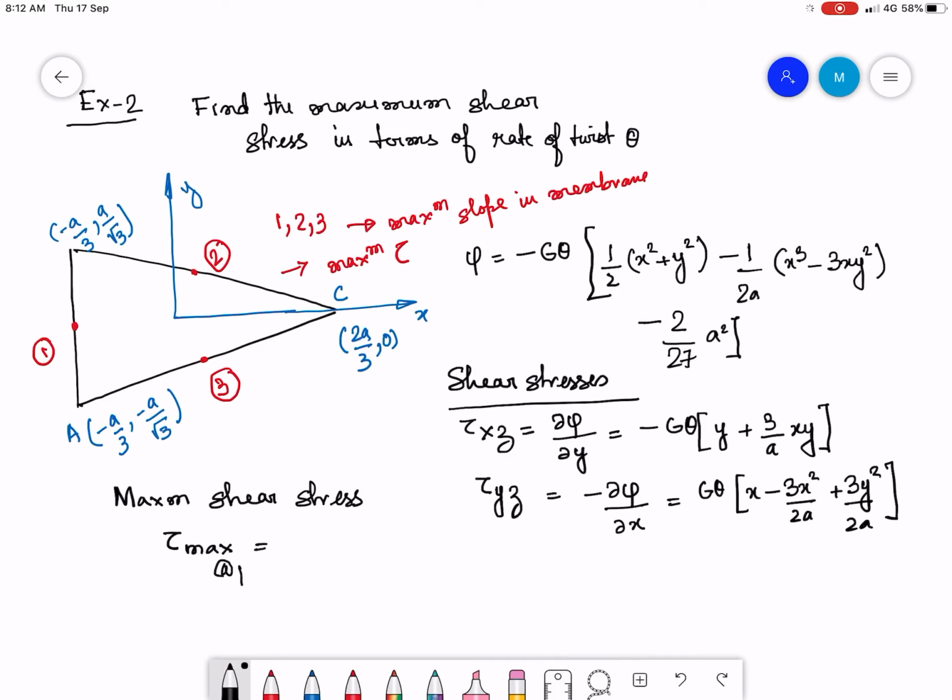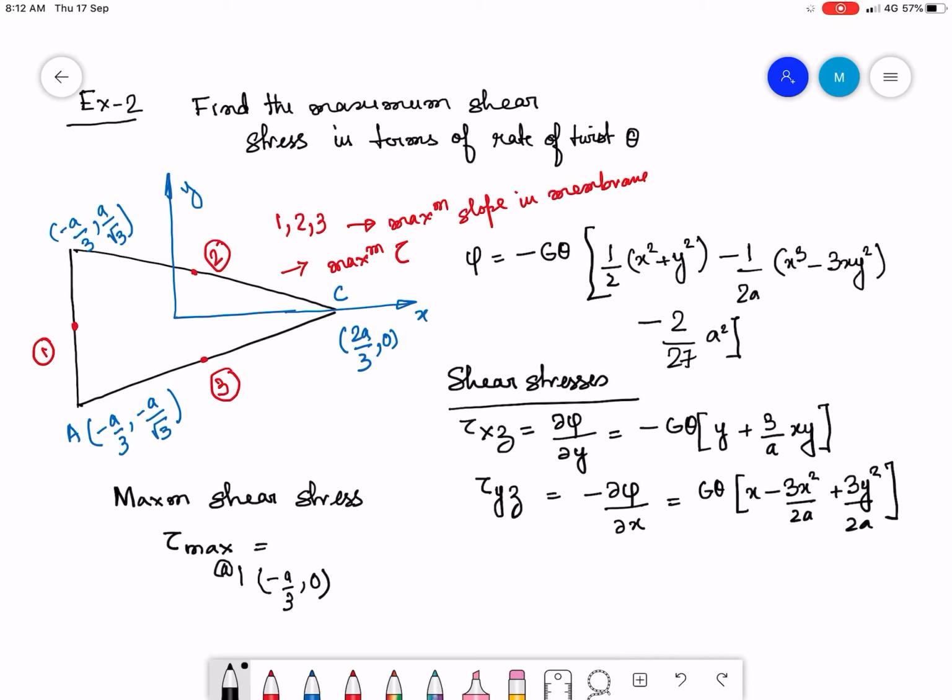So at 1, the coordinates are minus a by 3 and 0. Now we can understand that at 1, the value of tau xz is going to be 0, because y is equal to 0.